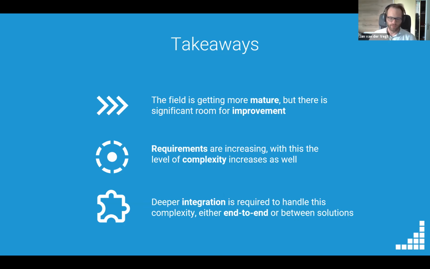Or if you have multiple solutions that are all specialized in one part, being able to integrate those more easily and more reliably means that this level of complexity is more manageable. So that's the part about my ideas and views on challenges in modern machine learning.